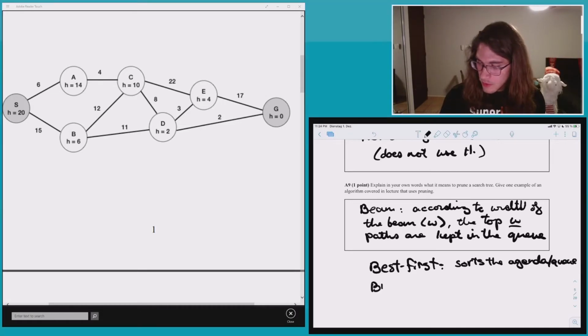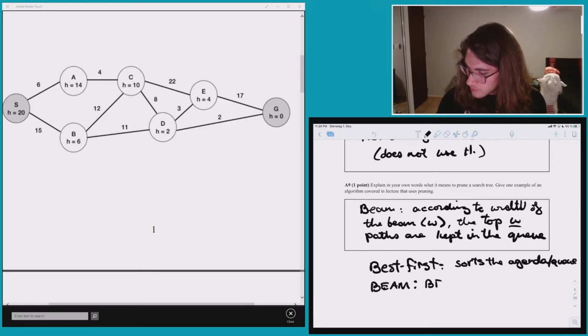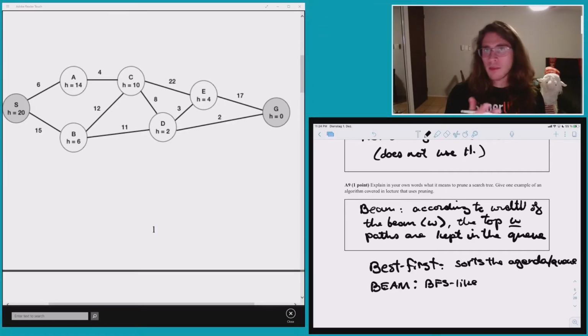Beam is like BFS, in that I was correct. BFS-like in that it adds paths to the back of the queue.